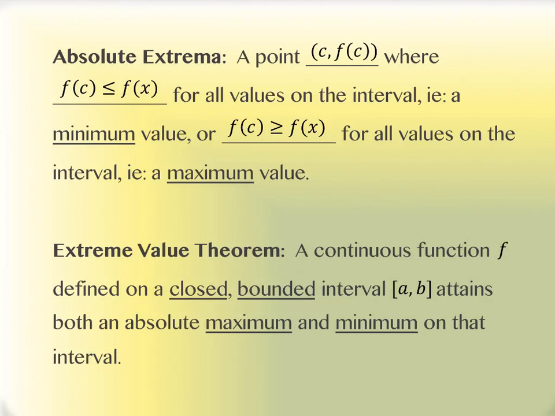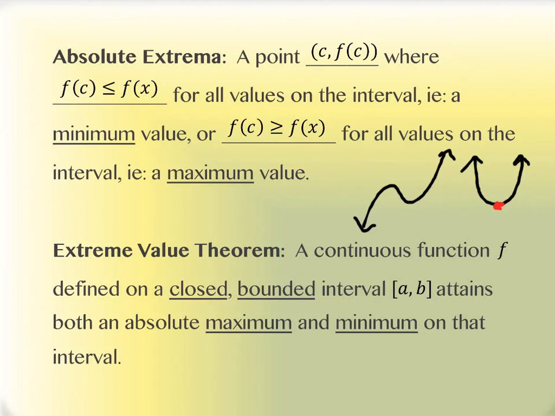Obviously not all graphs have this, right? If a graph were to look, say, something like this, it wouldn't have an absolute extrema because it continues going up and down forever. But if you had a graph something like this, it would have a location where it had an absolute smallest value. On this graph, it would be the vertex of the parabola down here.